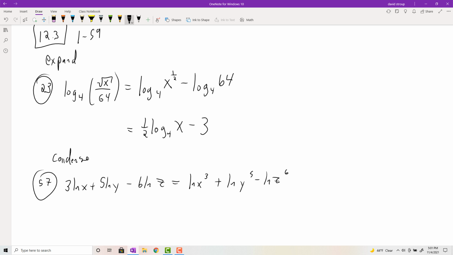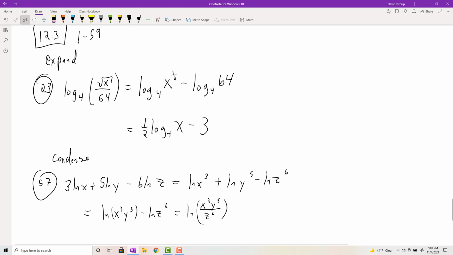Then I'm going to use the product rule on the first two logs. Then you could use the quotient rule. So you get the ln of x cubed y to the 5th divided by z to the 6th. And that's all inside that natural log. Okay.